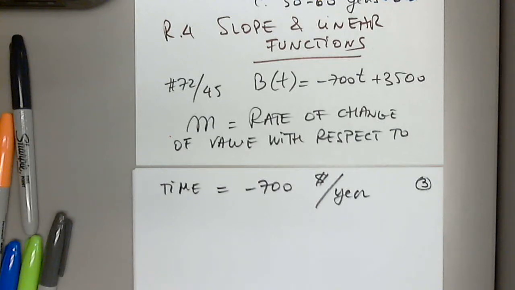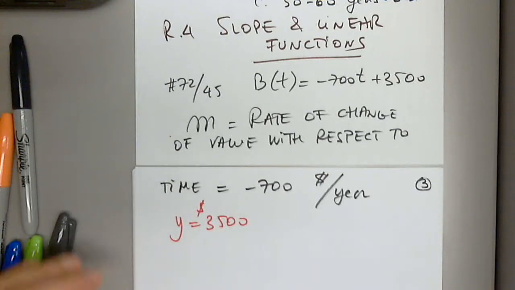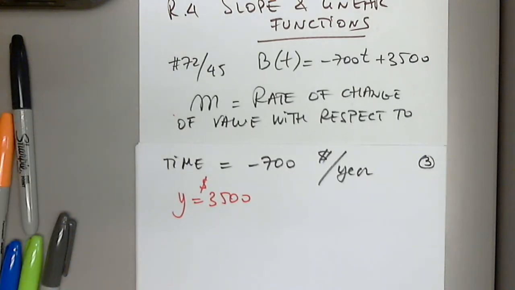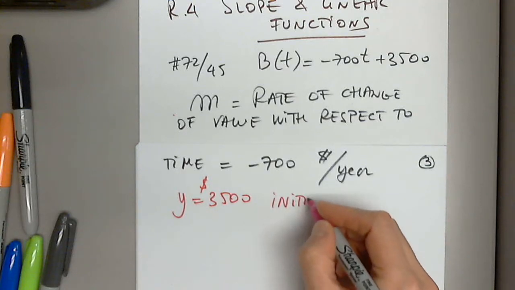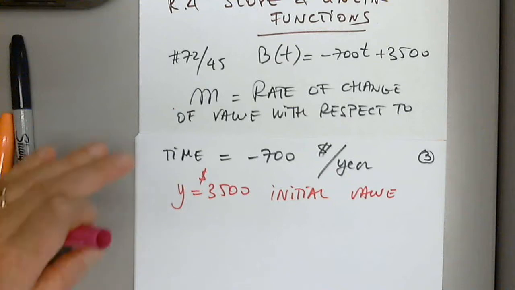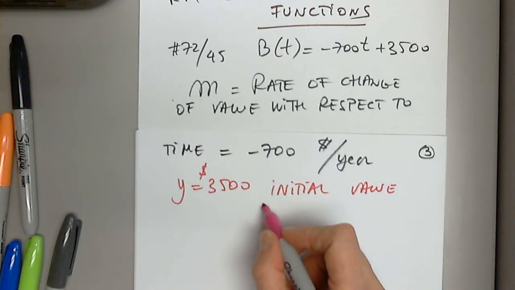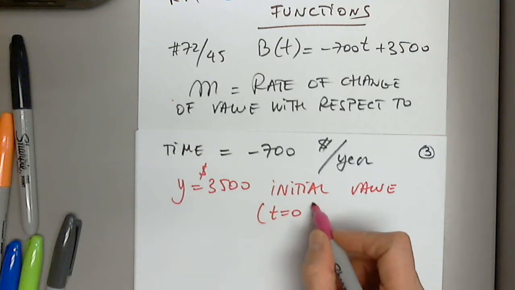So this is the meaning of the slope. And you'll see what else is going to have the same meaning soon. Okay, then we said y equals 3,500 is the initial value of the photocopier. Initial value. In other words, when t is 0.